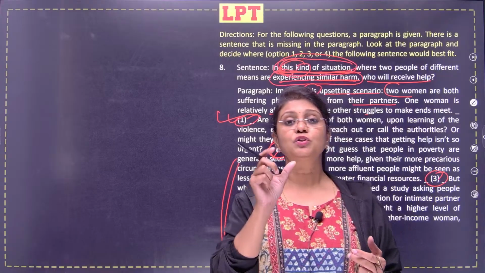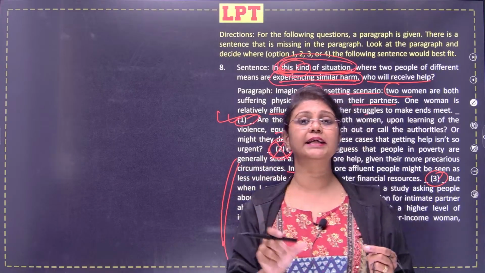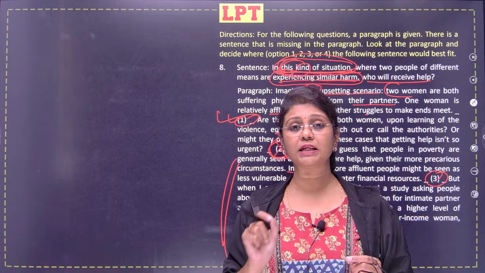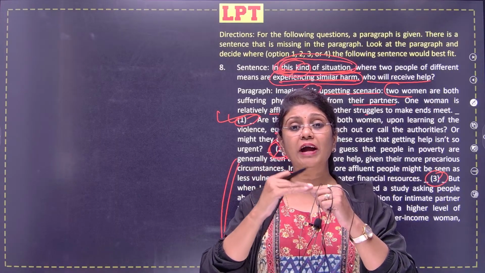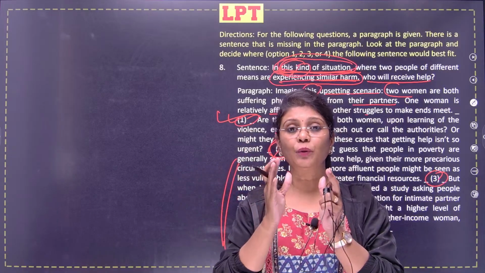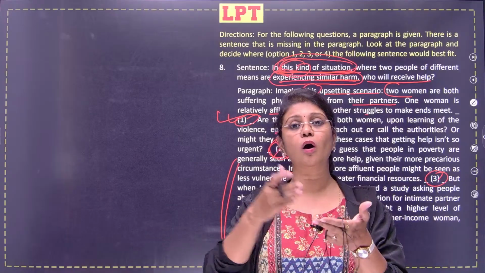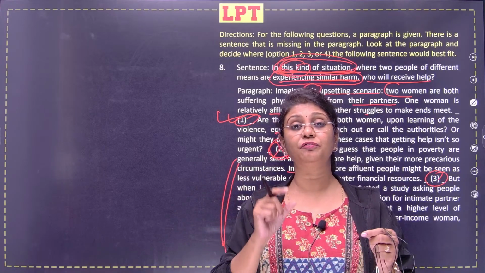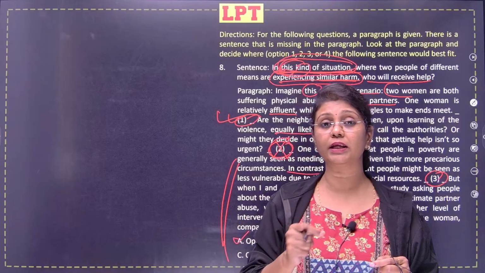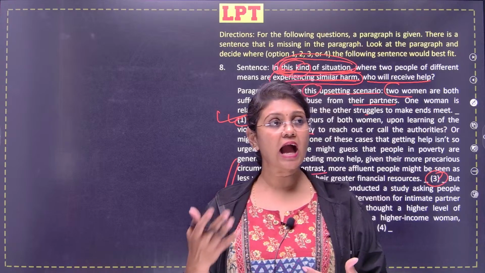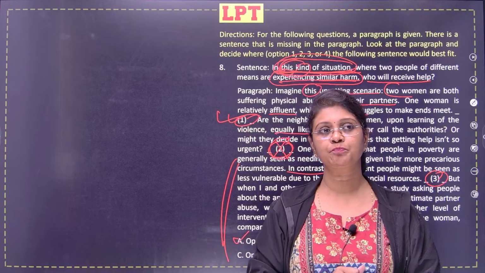All right, so when you have a sentence placement question or sentence insertion question, just make sure that you are finding reference in the previous sentence or the following sentence to have a complete flow of ideas in the paragraph, and that will help you to find the right answer. So instead of looking at where it will fit in, just figure out where it will not, and you will quickly have your answers. Right, guys?